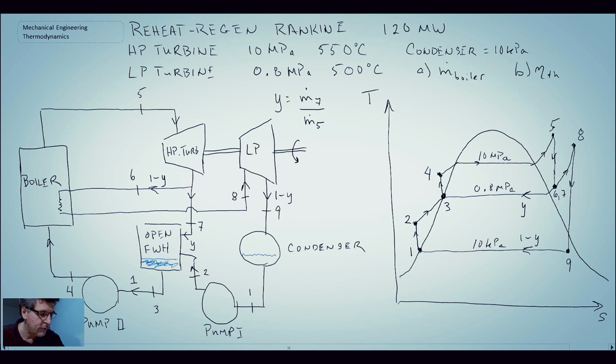So that is the process diagram and the process schematic. The next thing we will do is get the state information. Once we have that, we can get enthalpy, entropy and so on, and after that we'll start the first law analysis.